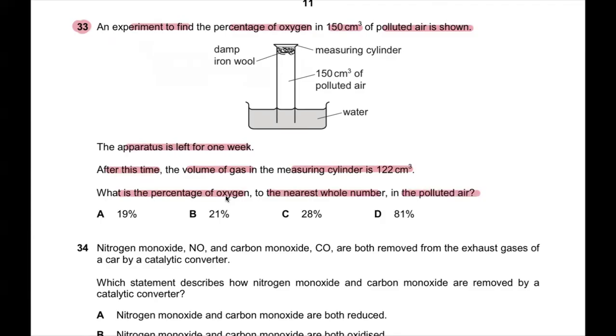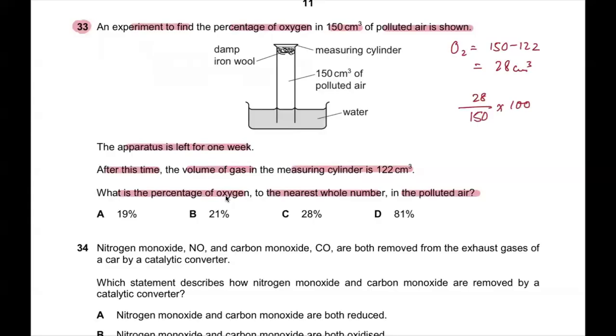If the leftover gas is 122 cm³, the amount of oxygen is 150 minus 122, the volume which has decreased, which is the oxygen used up. Is this clear? So we had 28 cm³ of oxygen.